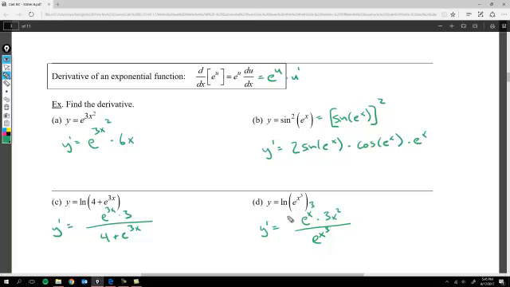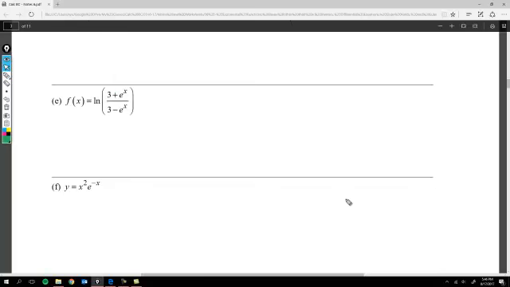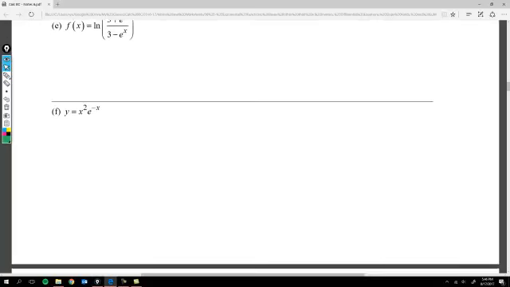So take this step by step. First, derivative of natural log: make your fraction, put the inside of your natural log on bottom, take the derivative on top. Derivative of e to the x cubed: you rewrite e to the x cubed, then you take the derivative of your exponent, which is 3x squared. Just take it step by step, don't rush it, and hopefully you don't make mistakes.